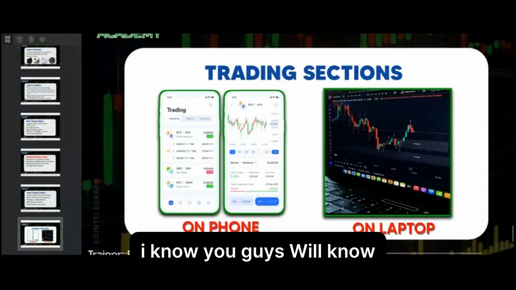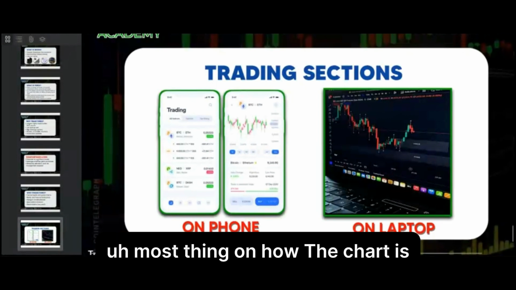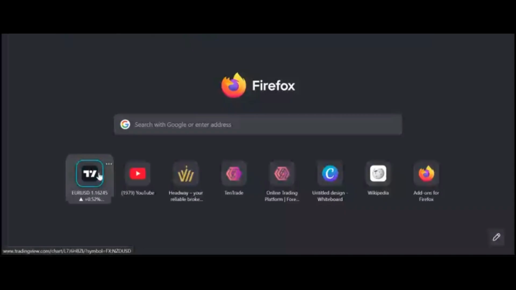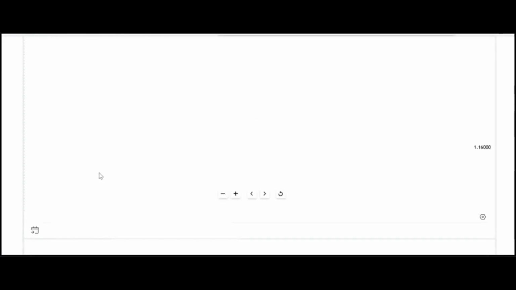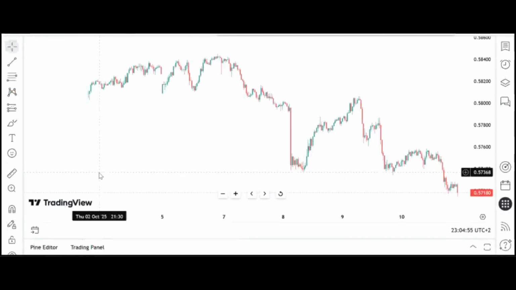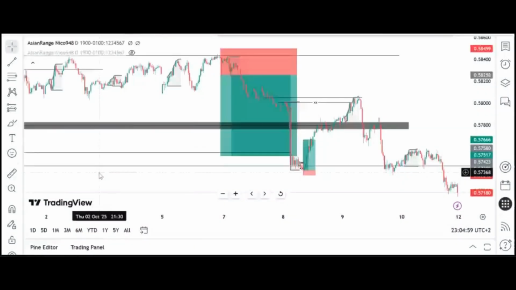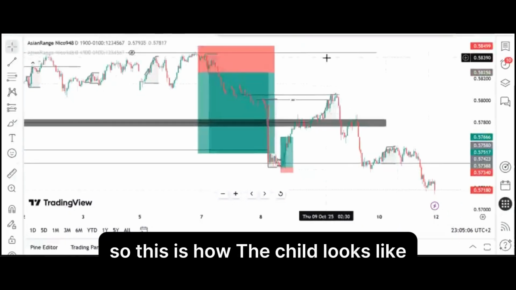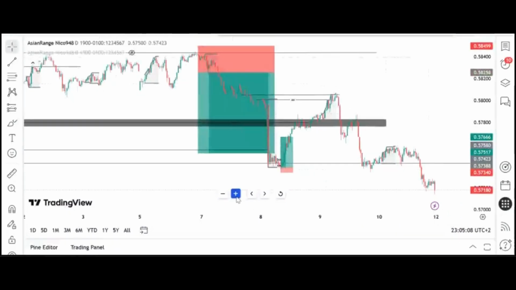I know you guys may know a lot about how the chart is. Hold on, let me show you. Okay, so this is how the chart looks like.